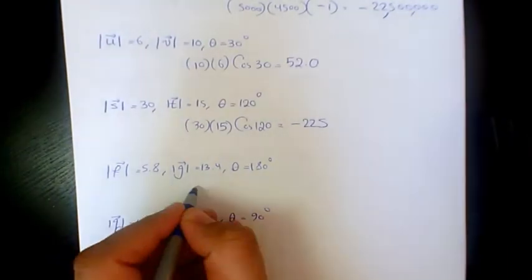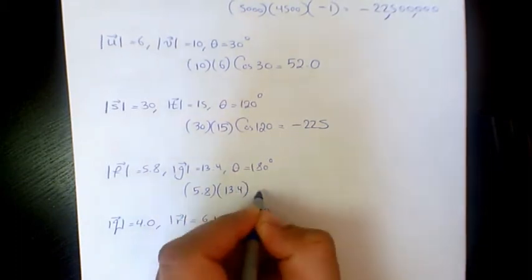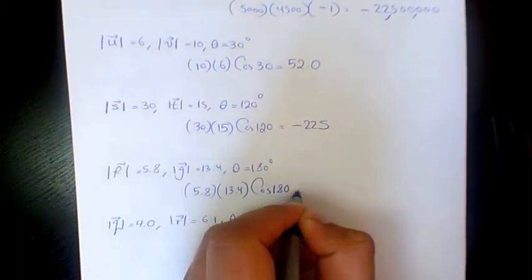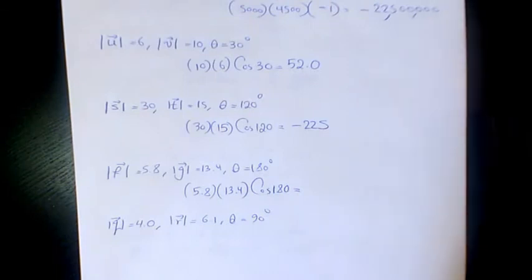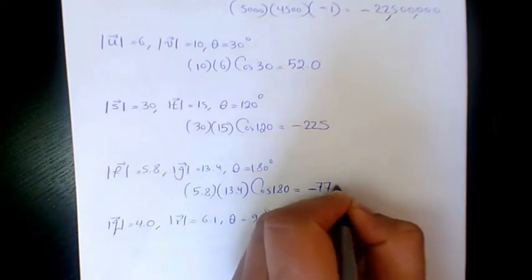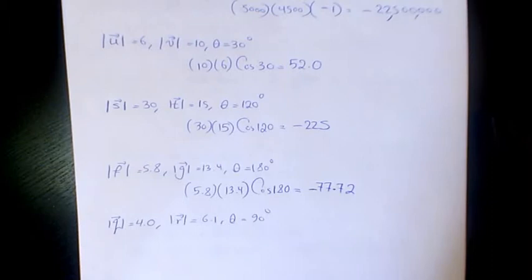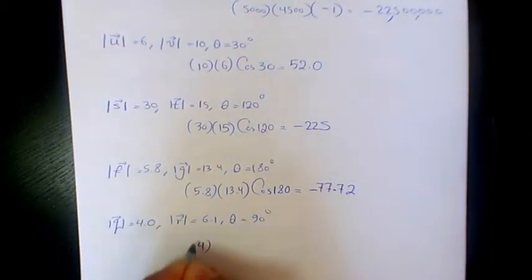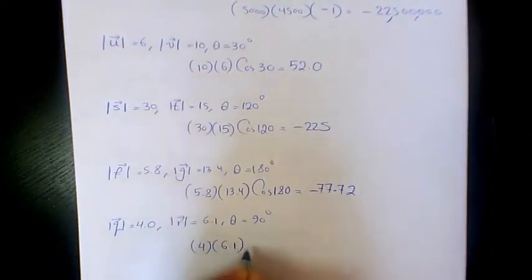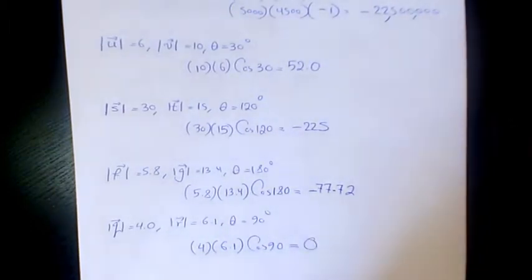Next one is going to be 5.8 times 13.4 times cosine 180. Next, 4 times 6.1 times cosine 90. That's going to be equal to 0.